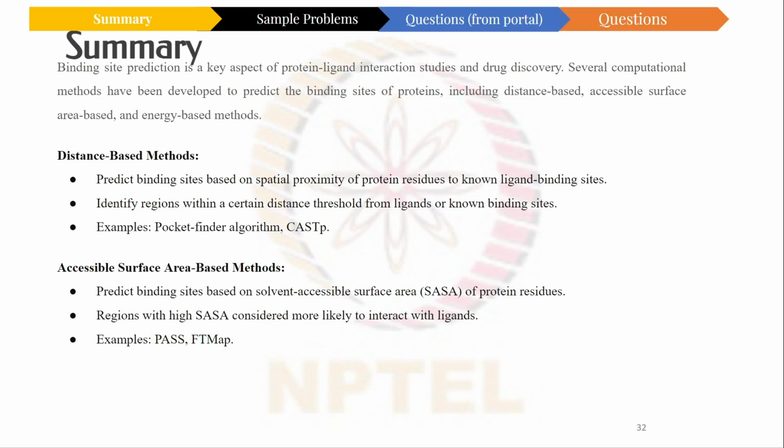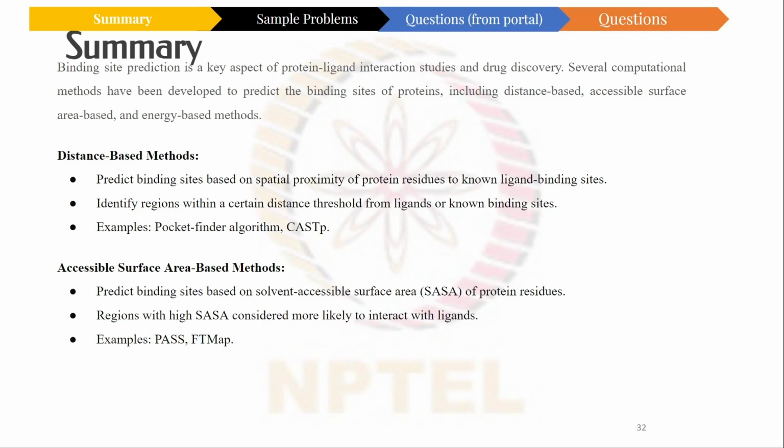We have three major approaches for identifying a protein binding site when its complex structure is available, whether experimental or computationally predicted, like protein-protein complex structures predicted using several docking algorithms. They are distance-based methods, accessible surface area methods, and energy-based methods.